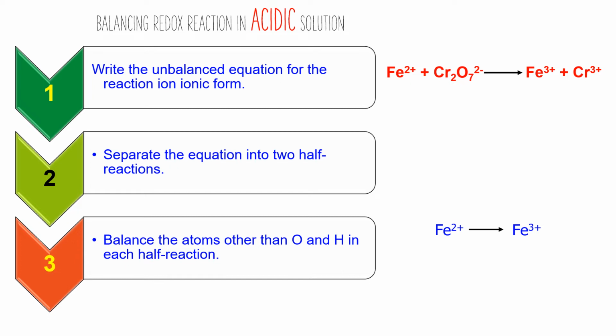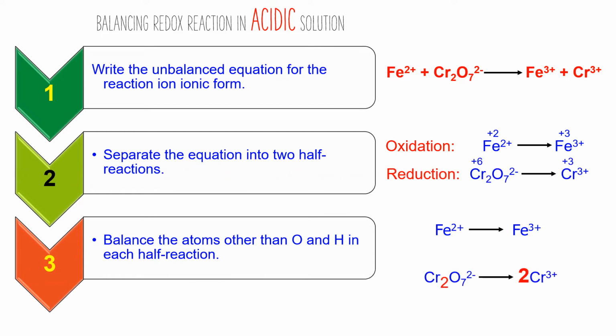Then you need to identify which element or ion will undergo the oxidation or reduction process. From there you can separate the equation and write it down as two half reactions. So for oxidation you will have Fe2+ produce Fe3+, and for reduction you have Cr2O7 became Cr3+.